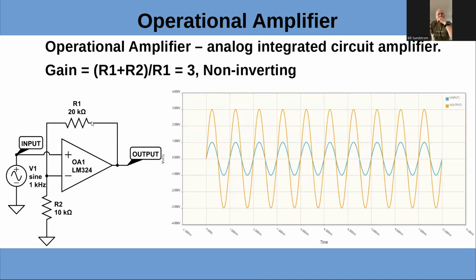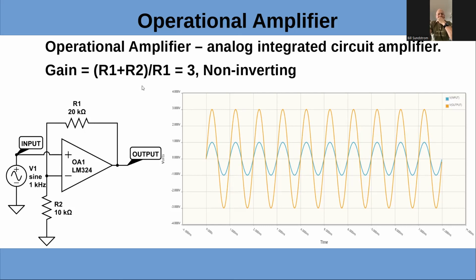Here's a simple, fairly common LM324. It's set up as a non-inverting amplifier. So we take part of the output, then we feed it back to the negative input. And this becomes a voltage divider.